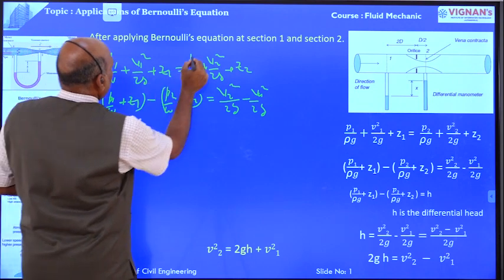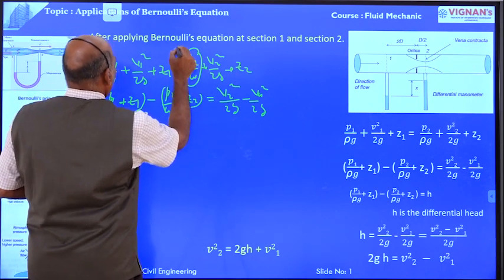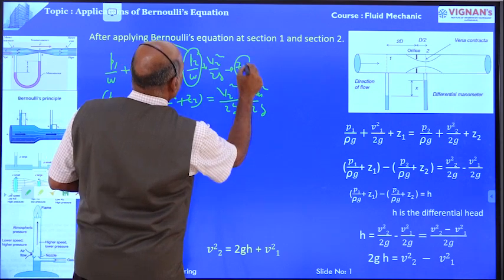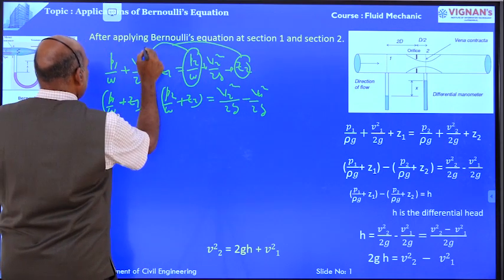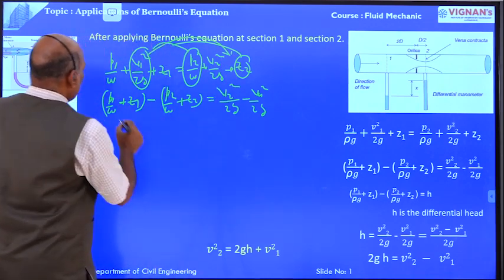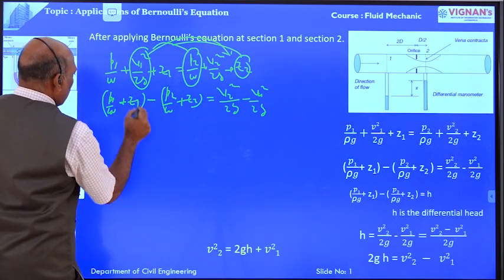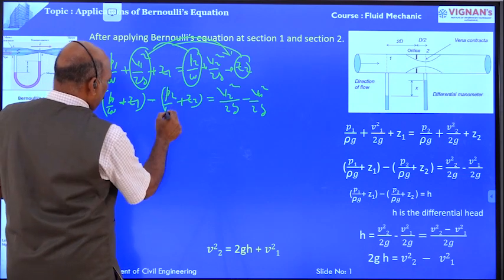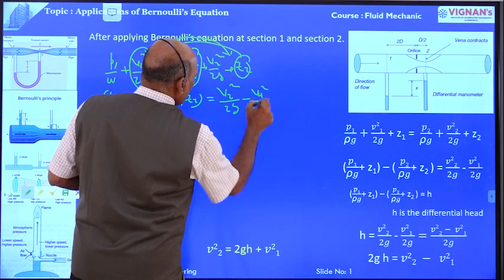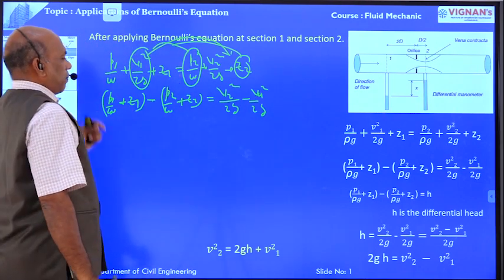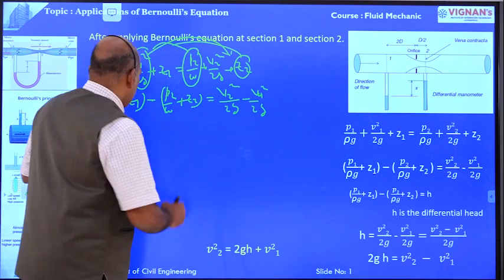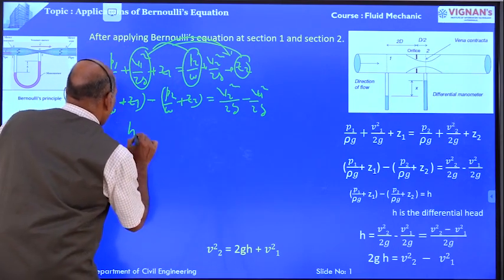Right? This is moved this side, and this one also moving towards this side. This V1 square by 2G is moving towards this side. Therefore, P1 by W plus Z1 minus P2 by W plus Z2 is equal to V2 square by 2G minus V1 square by 2G.